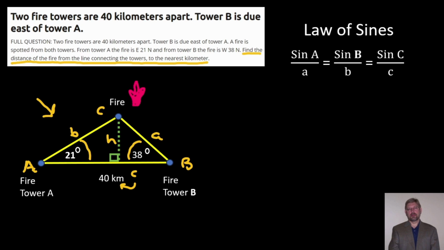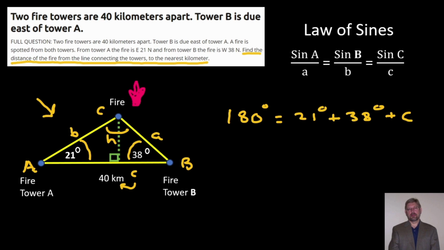When I add up all the angles inside a triangle, what do they add up to? What is the sum? That's going to tell us angle C right here. We know that when we add up all the internal angles of a triangle, it's going to give us 180 degrees. So we know we have 21 degrees plus 38 degrees plus the measurement of angle C. We don't know what that is, but we can find it now.